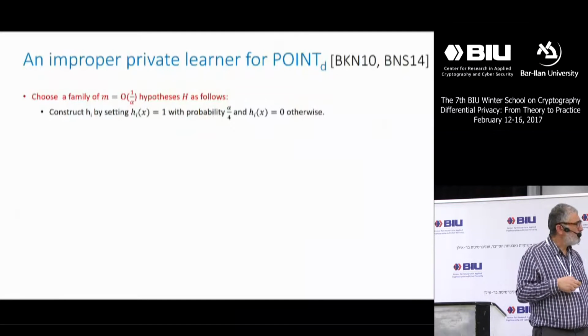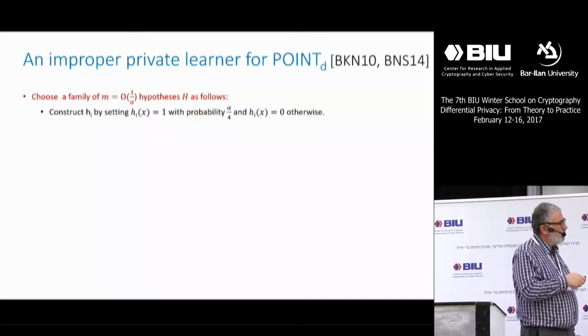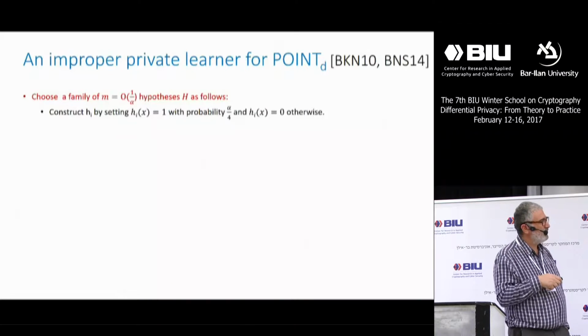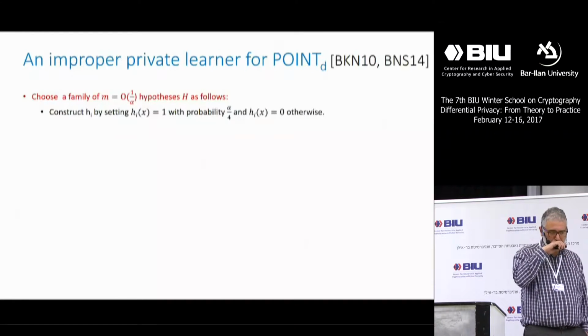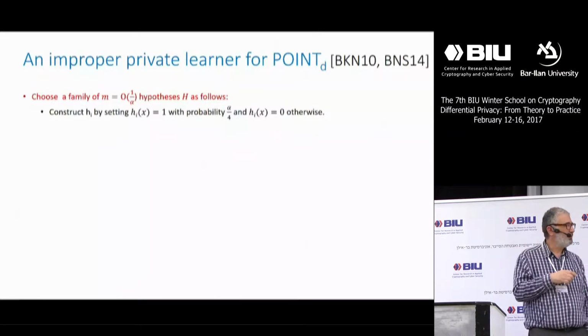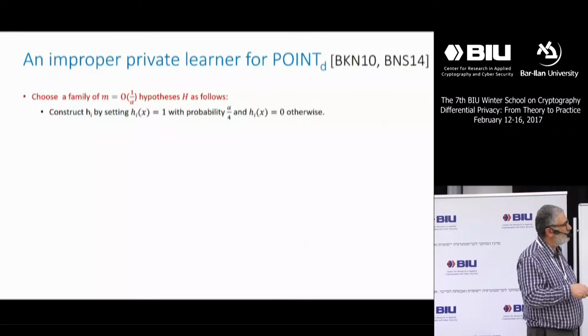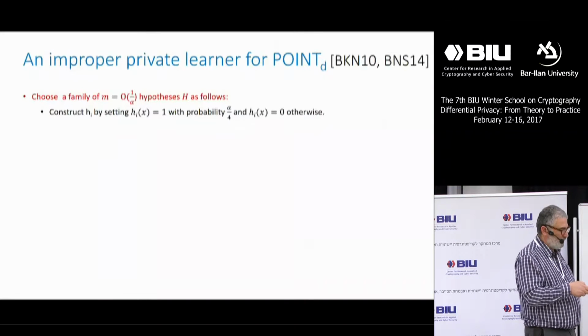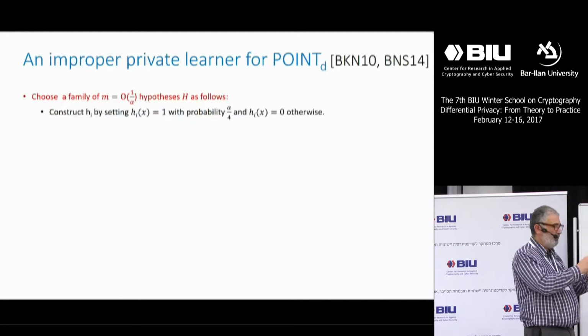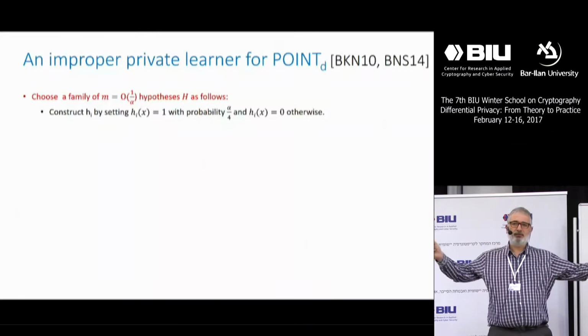And I will construct here hypotheses that have long representation. You can get rid of that, but that's not the point here. So I'm going to select hypotheses in the following way. A hypothesis is just a very long string of bits.